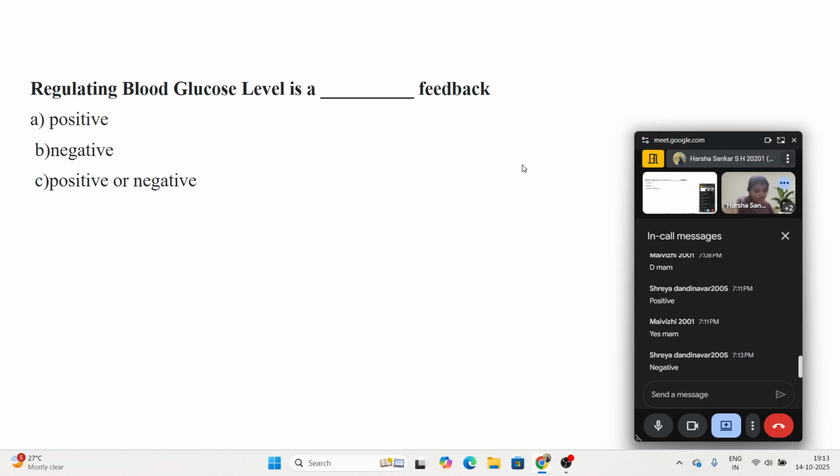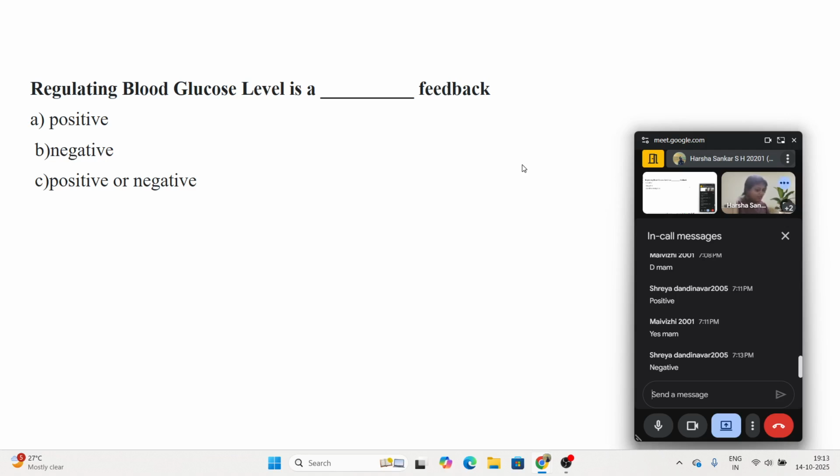It's about regulation of glucose. Shreya is saying negative. In the first week when we learned about this, we saw it is a negative feedback system. There is the endocrine system involved, with the release of some hormone. Whenever glucose is high, our endocrine system will signal the pancreas to produce insulin.